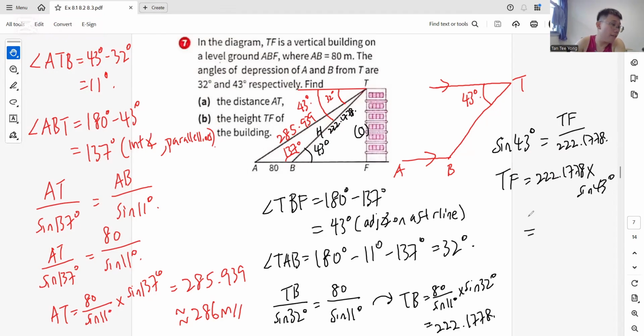TF will be 151.524. Round off to 3 significant figures, 152 meters. So yes, this is it for question 7.